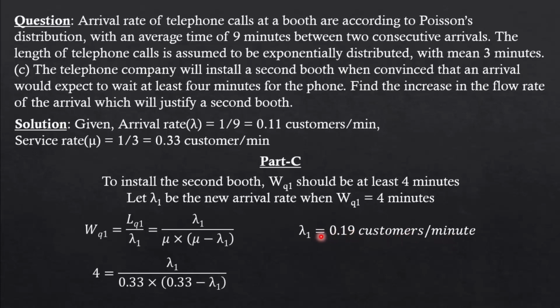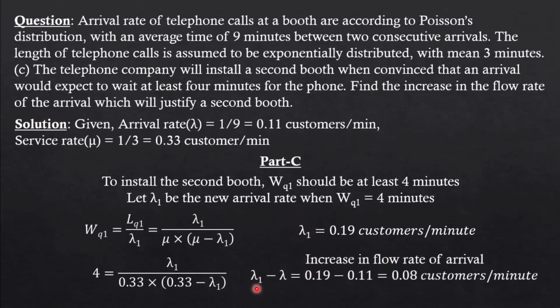So we have found the new arrival rate here, for which the waiting time in the queue will be 4 minutes. But actually what we need to find is the increase in the flow rate of the arrival. So this is the new arrival rate, but to find the increase in flow rate we need to find the difference here.